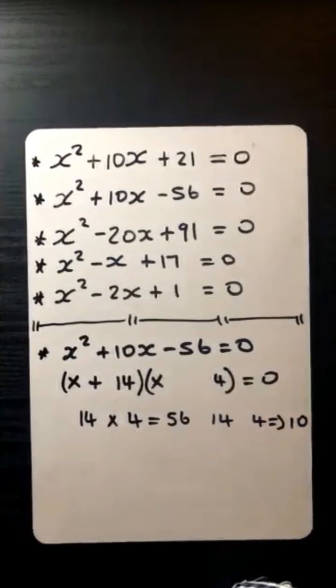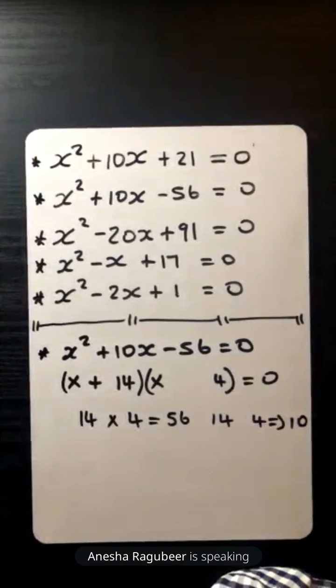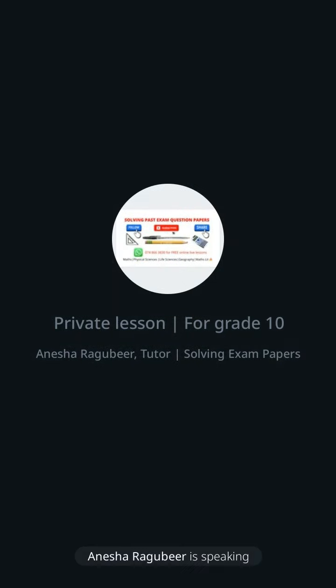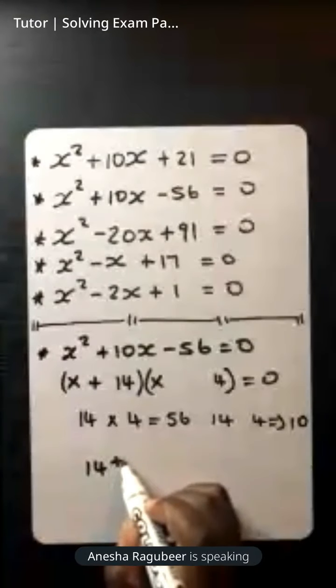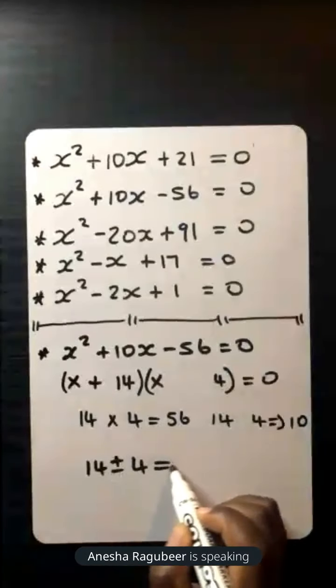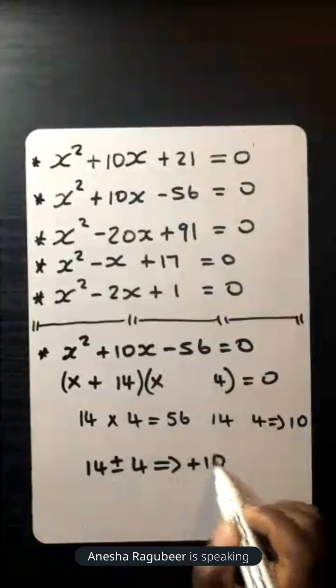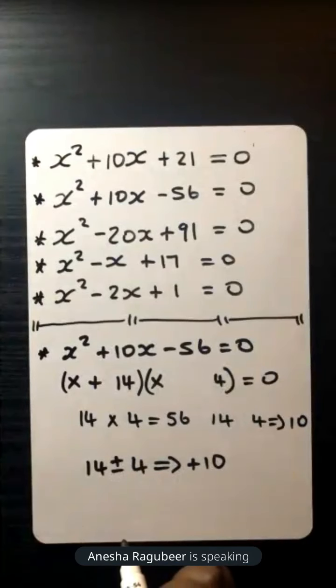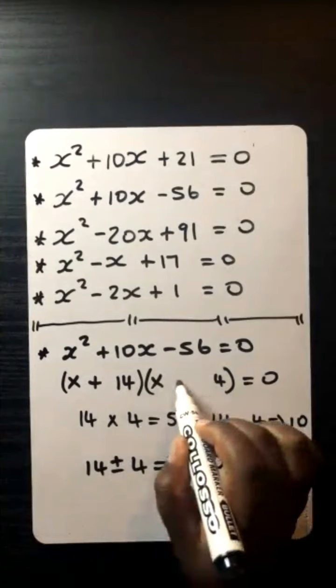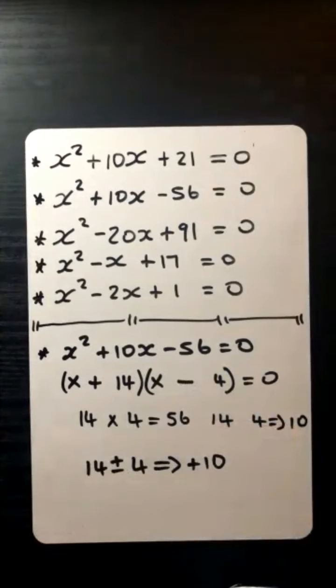No, I can give it a try. Okay, go for it. So it'll be 14 plus or minus 4, which has to give us 10, which will be 14 minus 4. Which means we've got a minus sign over there, isn't it?